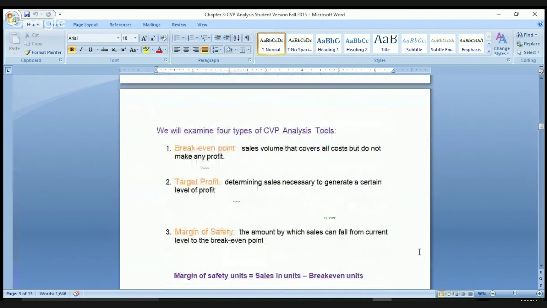Okay? So, if you look in your book on page 69, you'll find that Emma had done some evaluation in regards to her revenues, her variable costs, and her contribution margin. Well, the revenues, she decided she was going to sell these packages for $200 per package. Her variable cost was $120 per package.